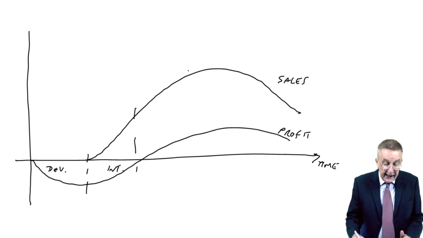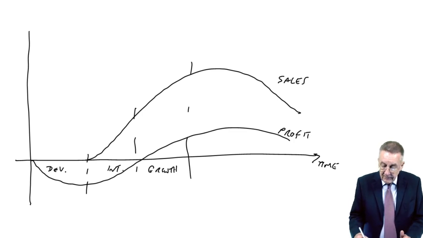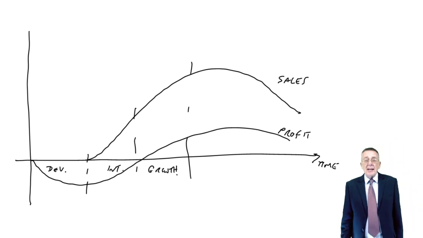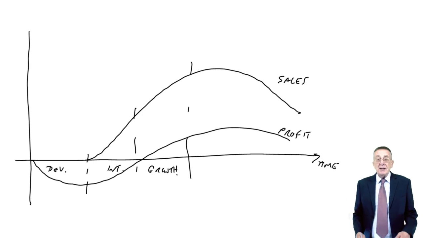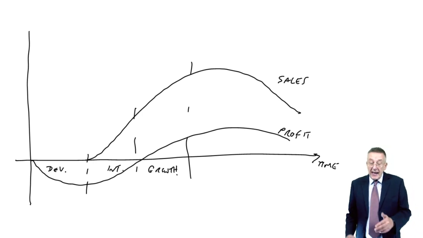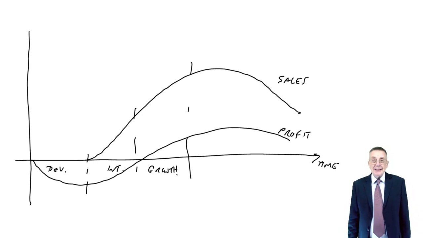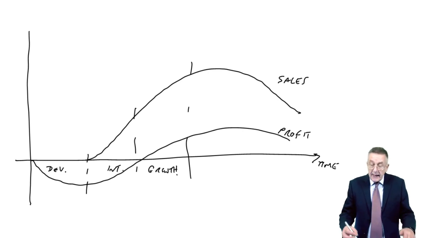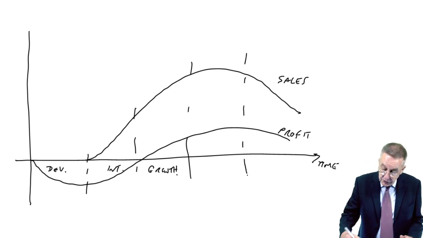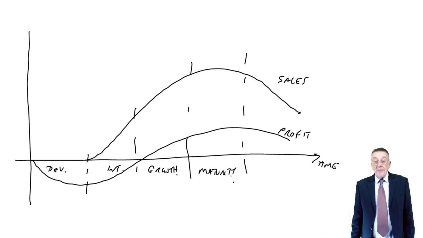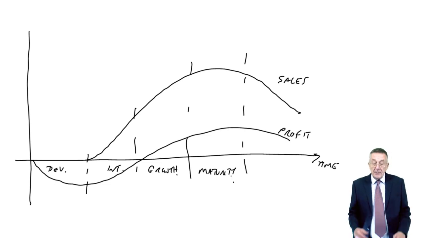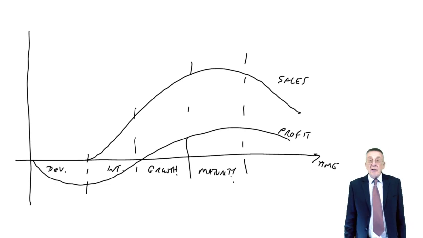Then it gets fully underway and we enter the growth phase. And that's, of course, when we start to make money. The product's taken off, people are buying it. Hopefully more and more sales, more and more profit. Then we enter the maturity stage, when everybody's buying it. That's when we get maximum sales and maximum profit.